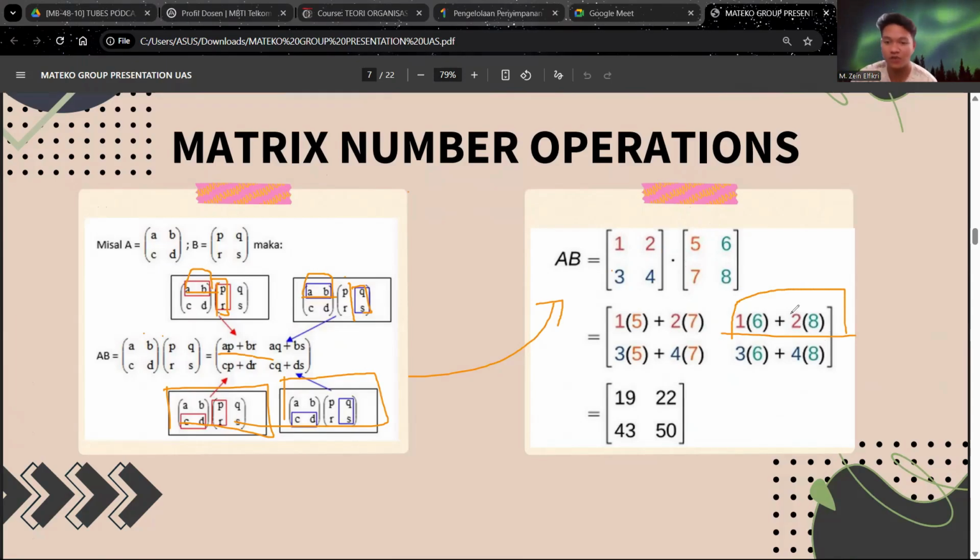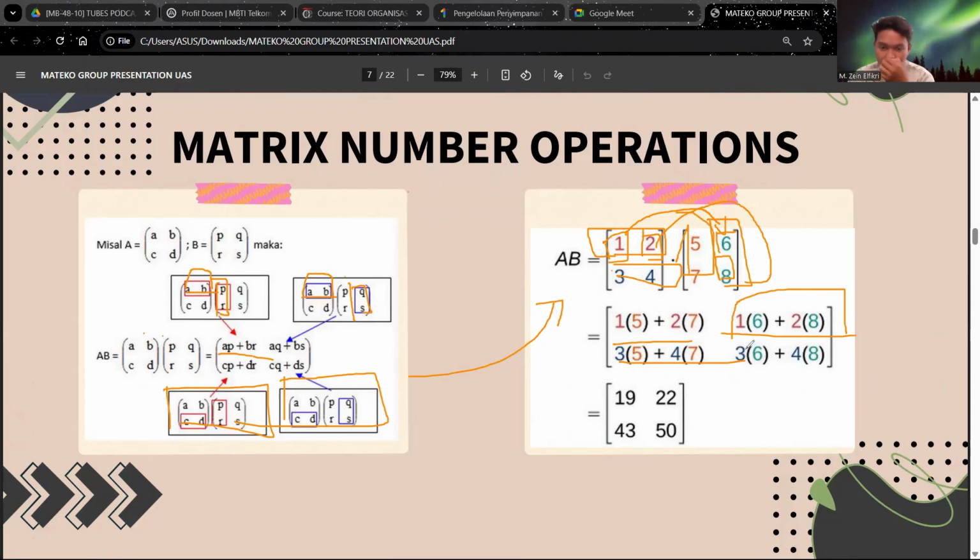Where did this come from? Yeah. And also like the beginning first, 1 times 6. Yeah, this row to this column like that. Okay. Then 2 times 8 like this. Okay. And also for 3 times 5 plus 4 times 7, it comes from this to this.